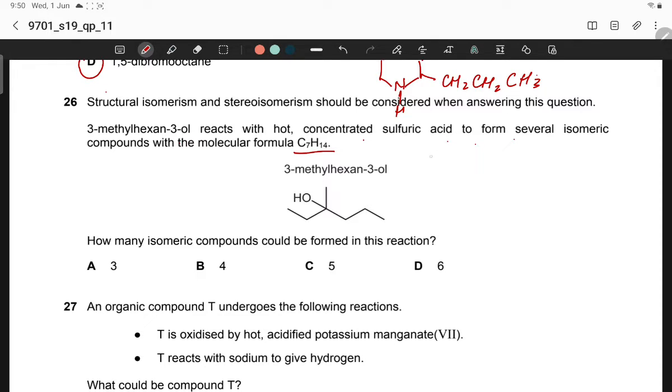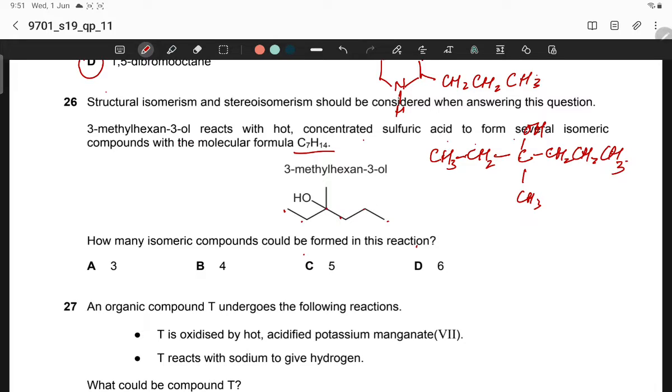One possibility is this structure: CH3, CH2, C, CH3, OH, CH2, 1, 2, 3, 4, 5, 6, CH3. How many isomeric compounds could be formed in this reaction?